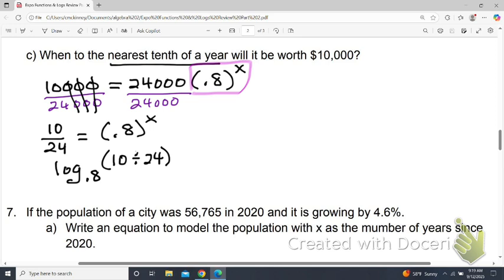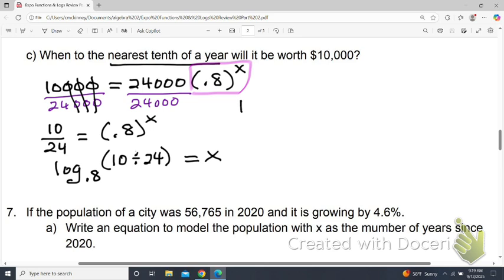Please do not change that to a decimal because it's going to be a repeating decimal and then it's not going to be exactly accurate. Leave it with the division in there to get the most accuracy. And then that is equal to x. Almost there. Now we need to do change of base because 10 over 24 is not some power of 0.8.